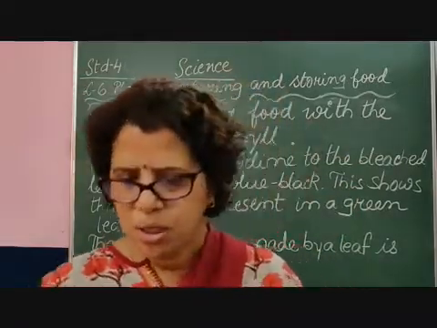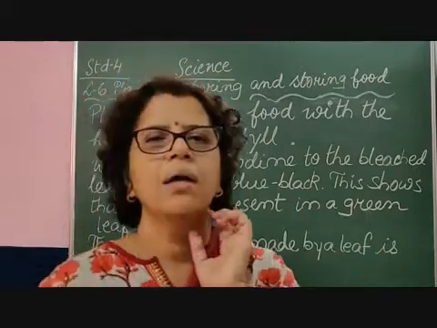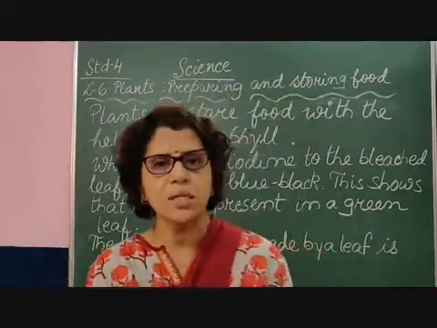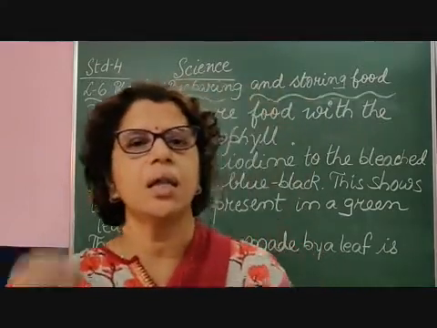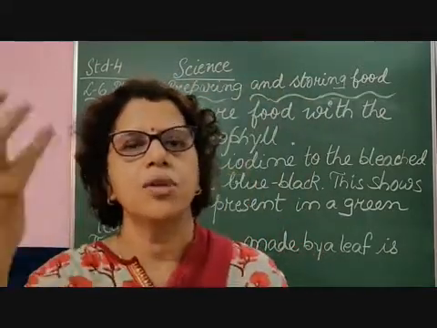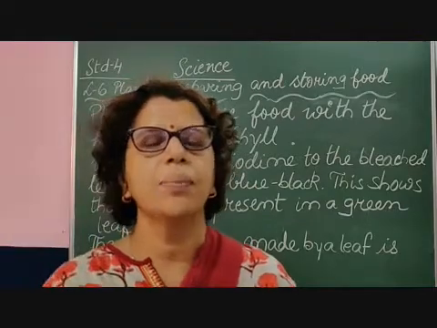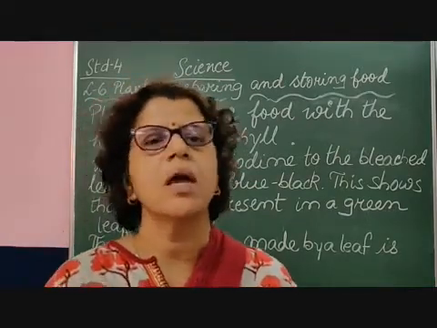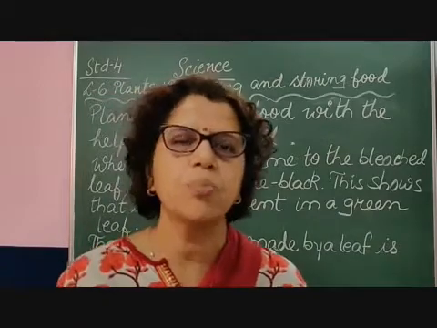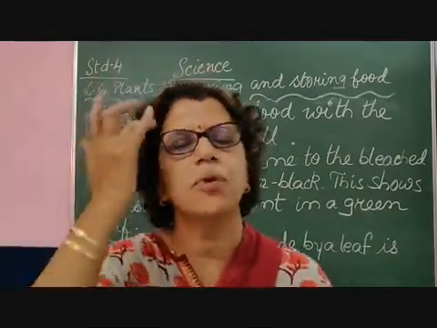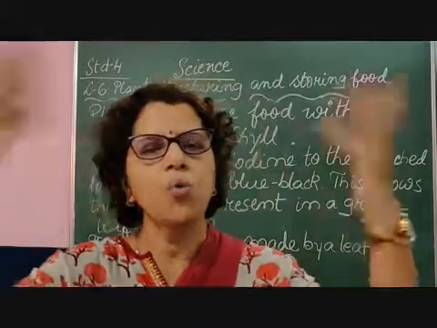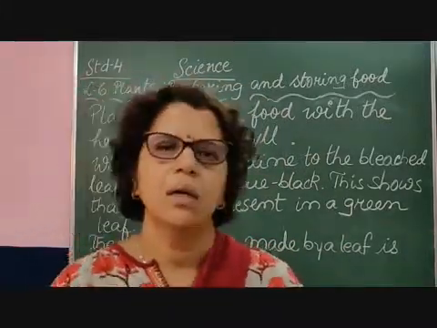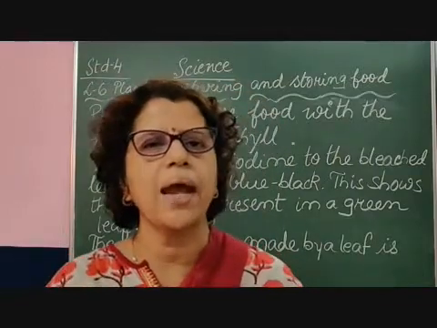Okay, so this is how, as I told you, the plants have stomata, which is just underneath, and there are pores, which tap the sunlight and the carbon dioxide, and with that the food is prepared. Again, after preparation of the food, the oxygen is let out with the help of the stomata, and this is how the process is carried out.